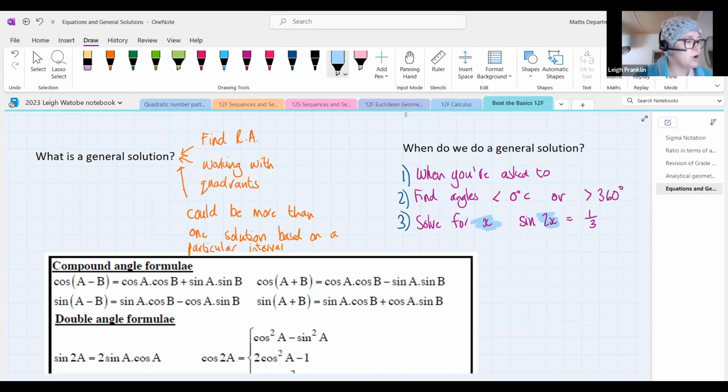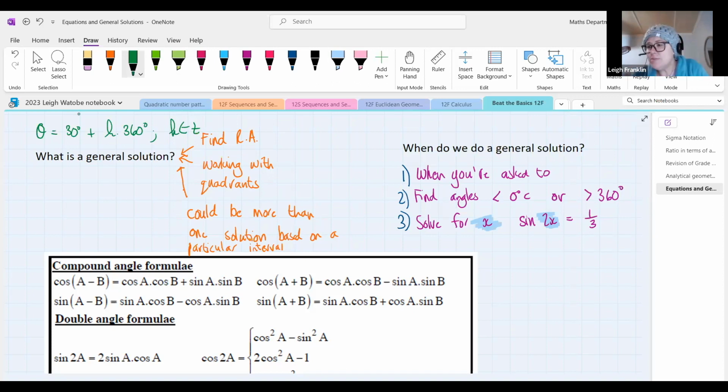So, for example, let's say something like this. Theta is equal to 30 plus k times 360. K is an element of the integers. That is a general solution, right?